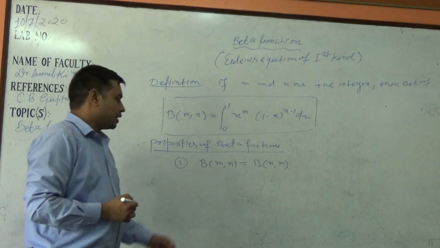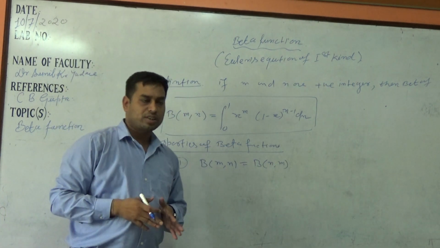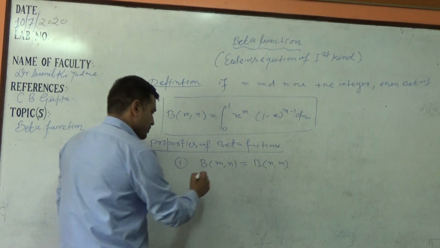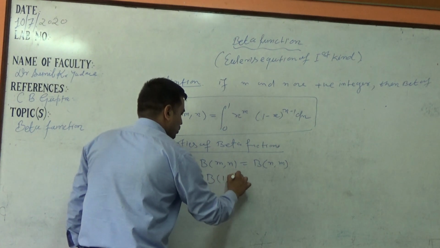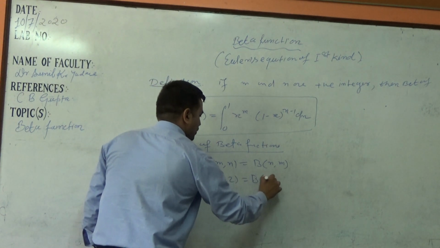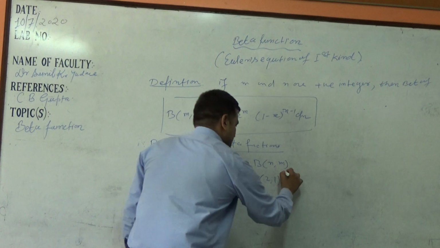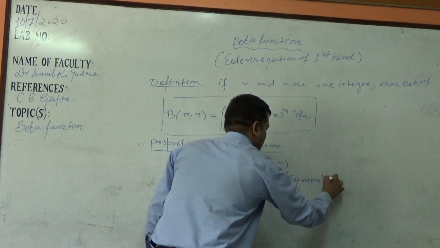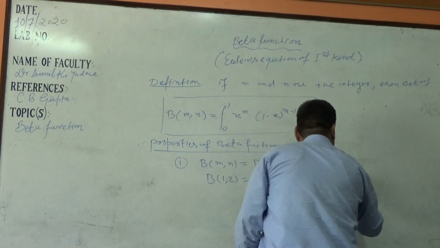It means the beta function does not depend on the order of the argument. It means beta of 1, 2 is equal to beta of 2, 1. That is the symmetrical property of beta function.